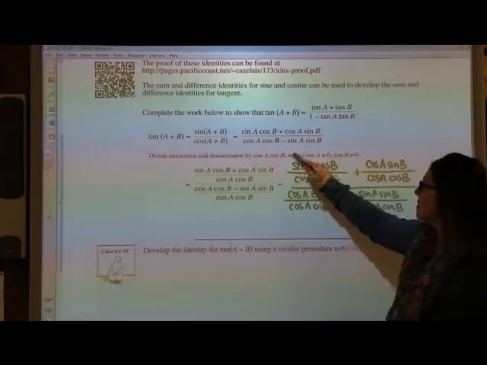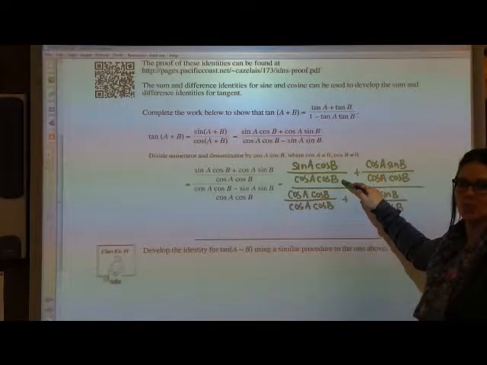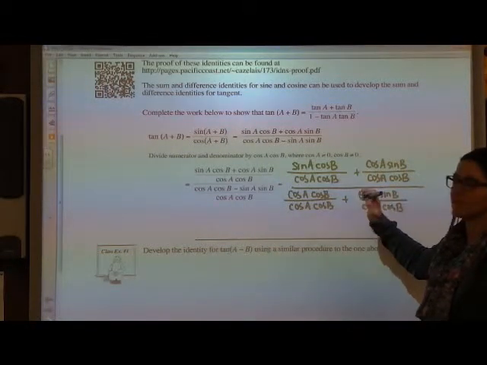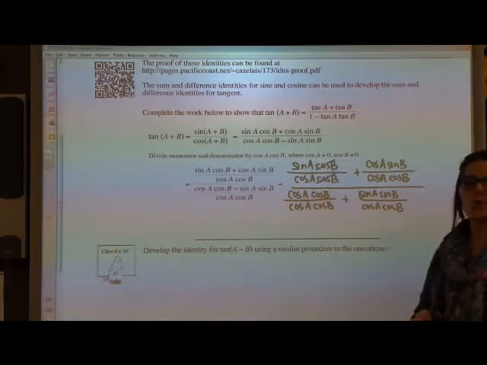What can I cancel out in this first term? The cos B's. And what would sine A over cos A equal then?